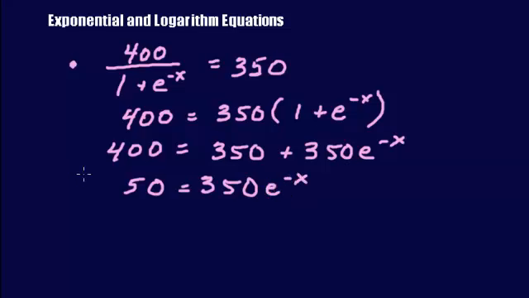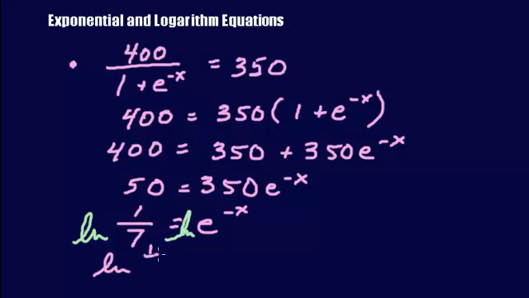I'm going to divide both sides by 350, and I'll have 50 over 350, which I believe will be 1 over 7 equals e to the negative x. I'm going to get x out of the exponent by doing the same procedure that I've been doing. I'm going to take the natural log of both sides, in which case I will then have the natural log of 1/7 equals negative x.